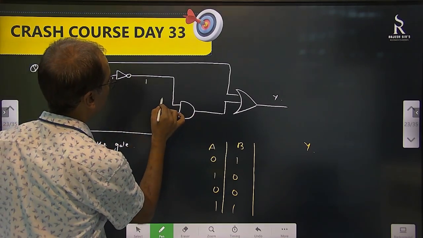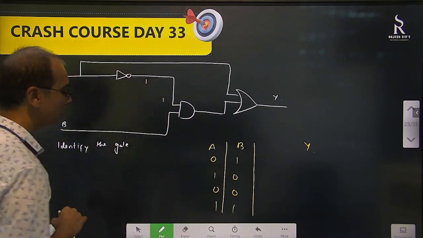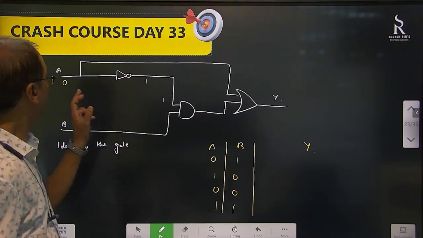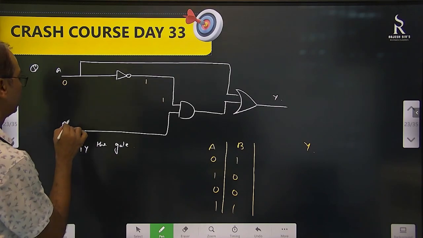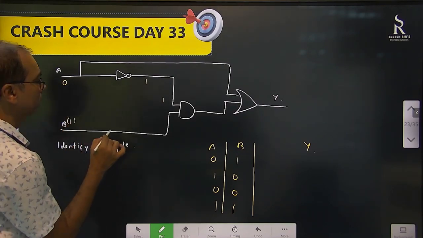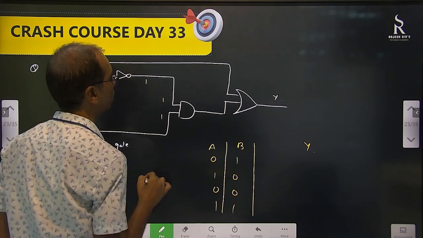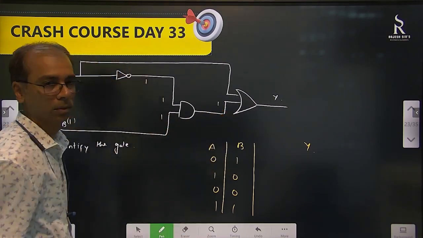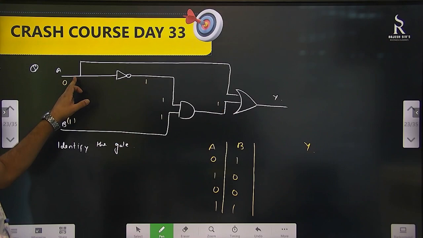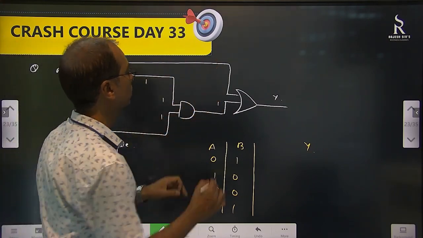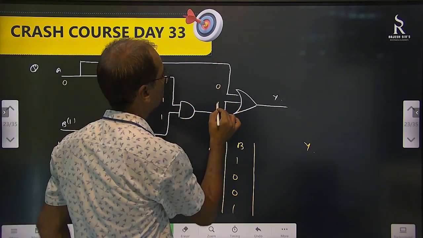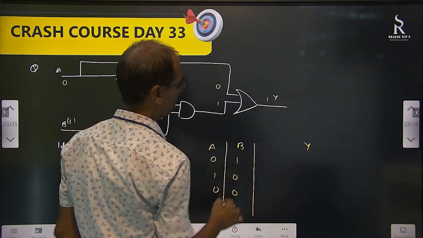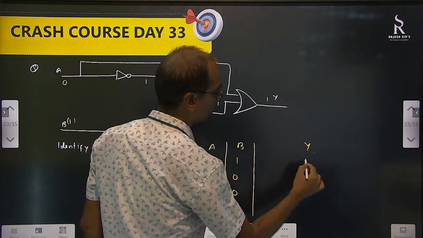B I have given 1. So this is 1. Here is also 1. 1 and 1, this will become 1. Okay, let's see what's coming from here. 0. So this is 0. 0 and 1, here becomes 1. So for 0, 1 it is coming 1 here.